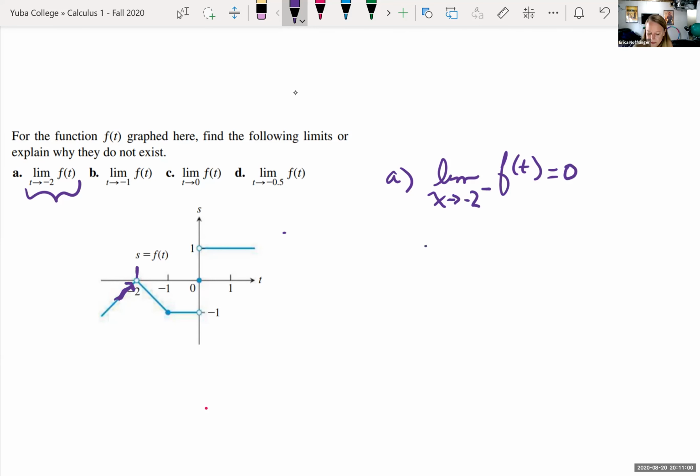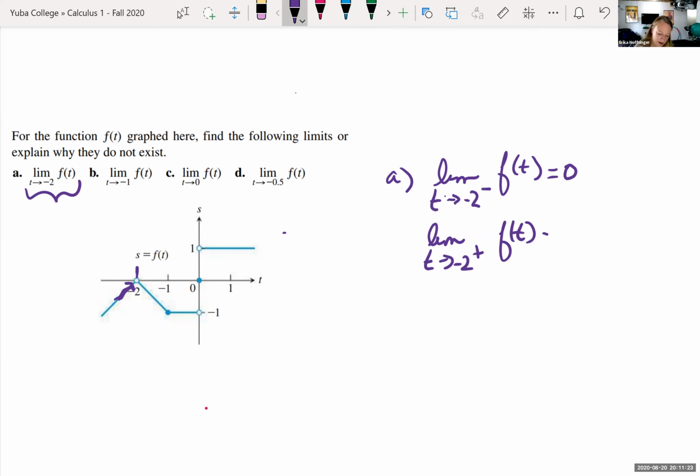You want to do the same thing and look at the limit as x approaches -2, but now on the right-hand side of the graph. Technically, I'm putting x in here, and I just noticed my function is in terms of t, so I should really have t going to, not x going to. Just notice that.